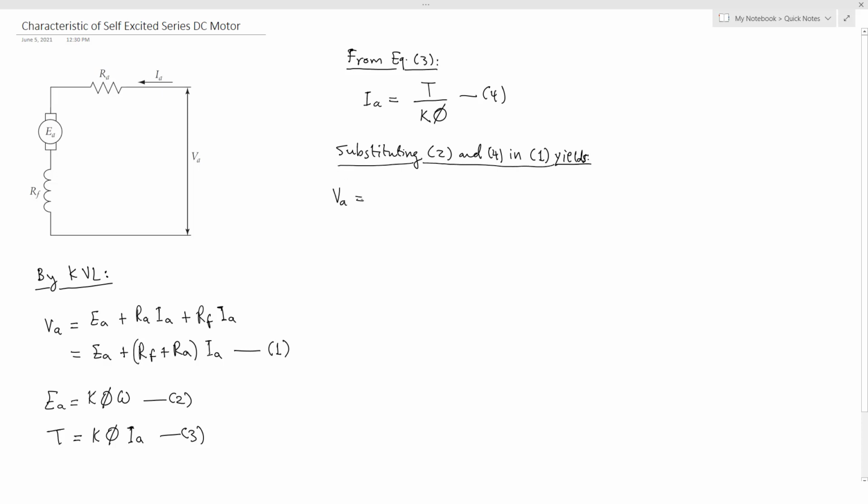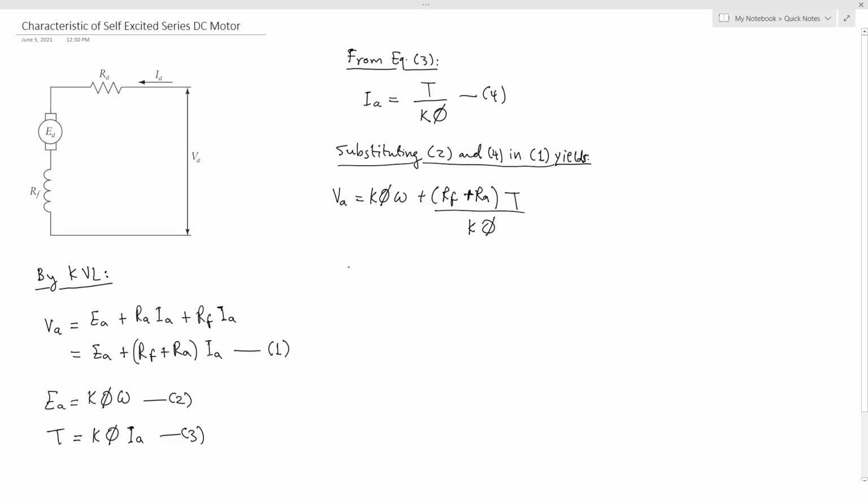VA equals K phi omega plus (RF plus RA) both multiplied by T divided by K phi.